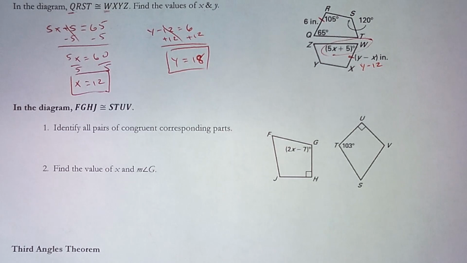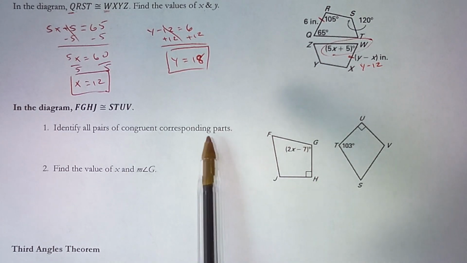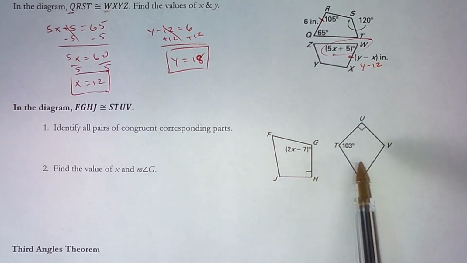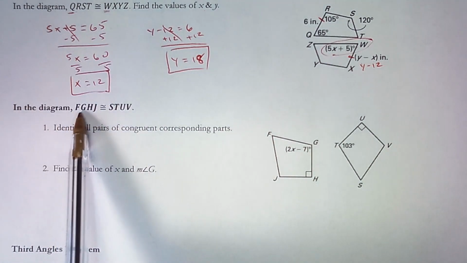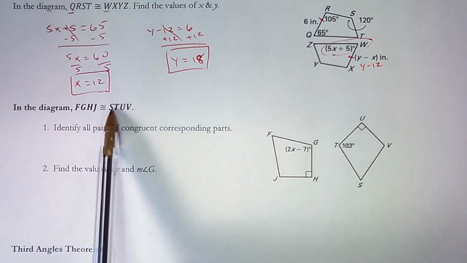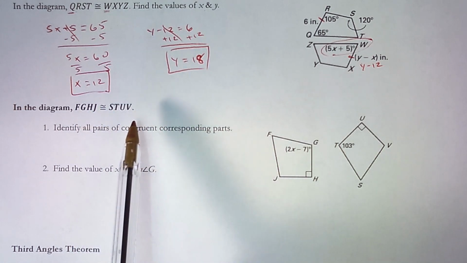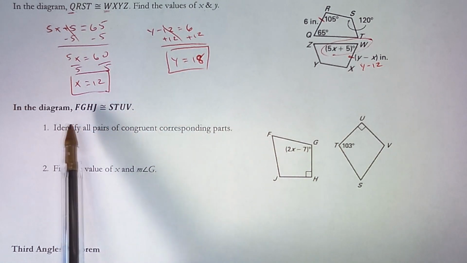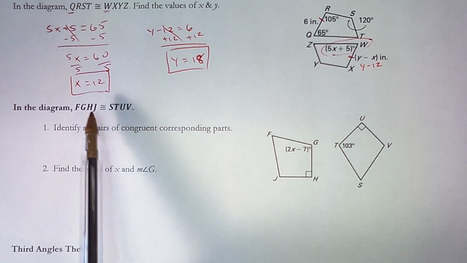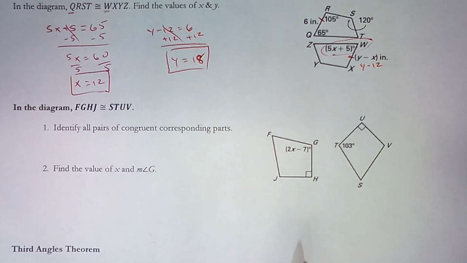Okay, so now we are going to identify all pairs of congruent corresponding parts in these two figures given that FGHJ is congruent to STUV. Now, this congruent statement is written in corresponding order, so I can really write all the congruent angles without even looking at these figures.